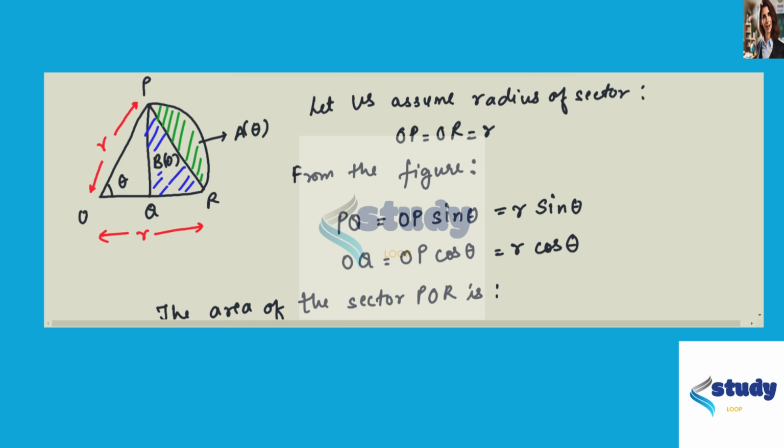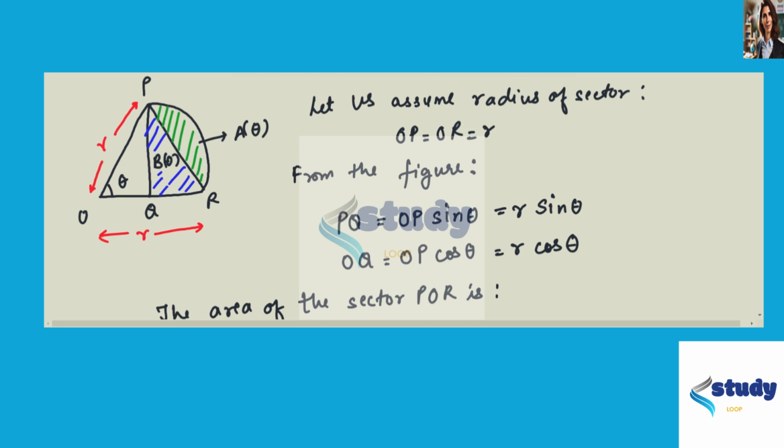So what we will do is take the area of this sector, where arc PR is included and triangle POR is included. From this whole area we will subtract the area of triangle POQ, right?